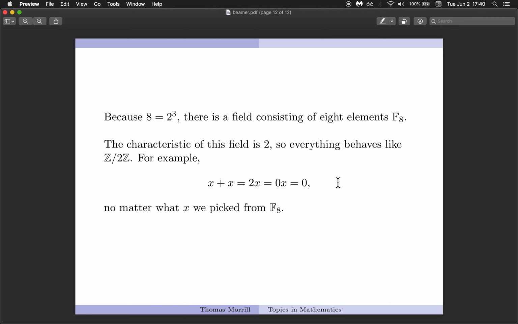So F2 is another way to say Z mod 2Z. F4 is a field consisting of 4 elements. F8 consists of 8 elements. There's an F16 because 16 is a power of 2. There's an F32 because 32 is a power of 2, and so on.